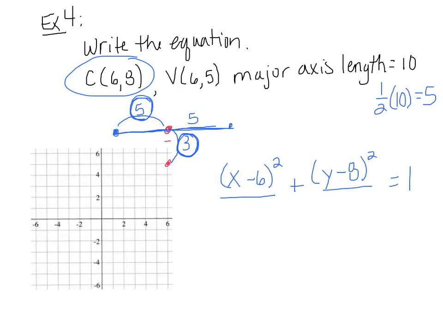And then we just have to fill in our denominators. The x denominator goes 5. So 5 squared, remember you have to square it, so it would be 25. And then in the y direction the distance was 3, and we square it, and that gives us 9. And there's your equation.